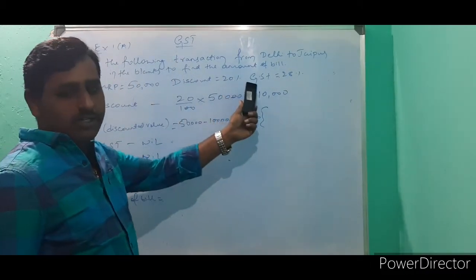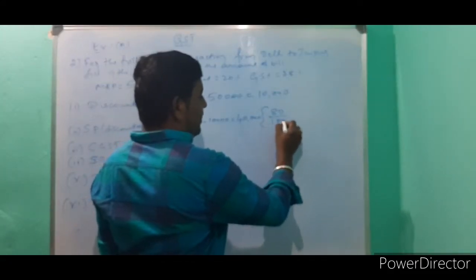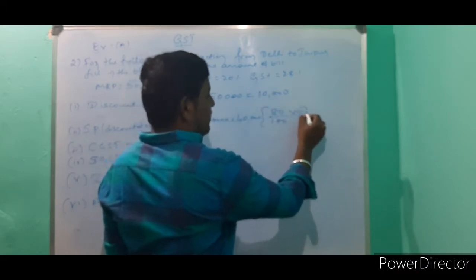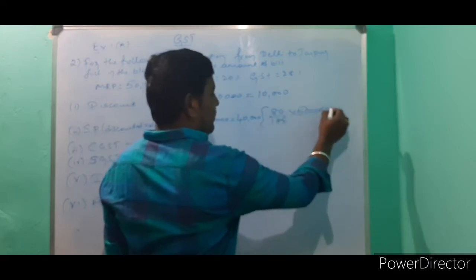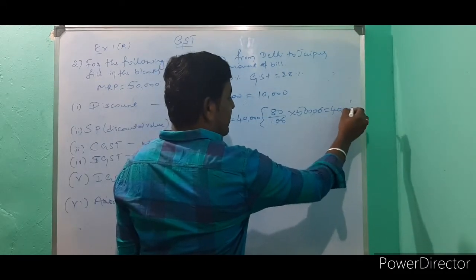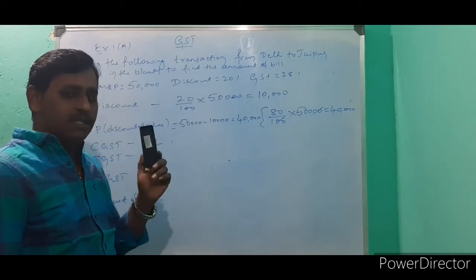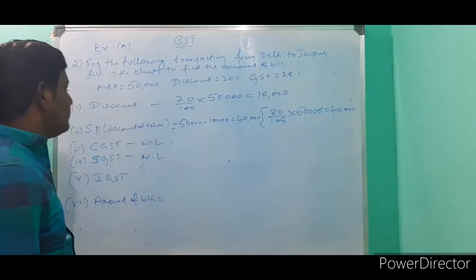Here discount is 20%, means 100 minus 20, 80. 80 divided by 100 into the MRP of 50,000. 2,000 get cancelled. If you multiply this, you will get exactly 40,000. Two methods we are using. As I showed in the first column, this method is very important.